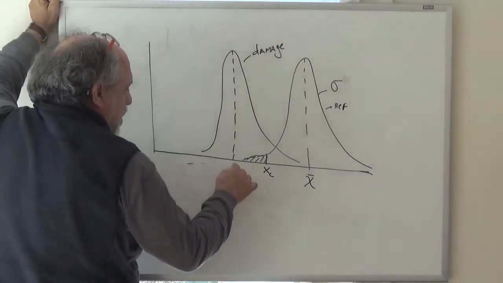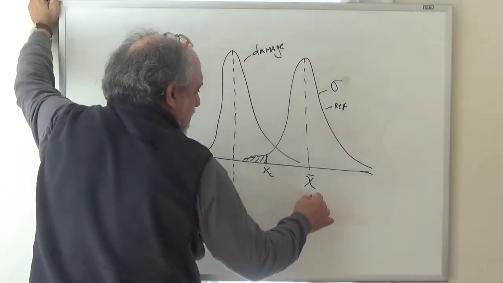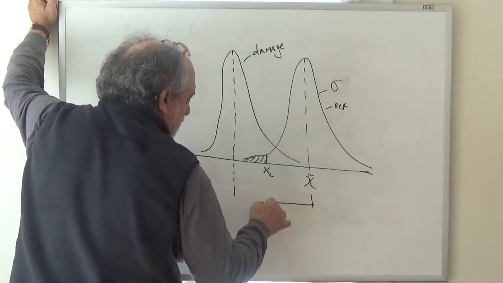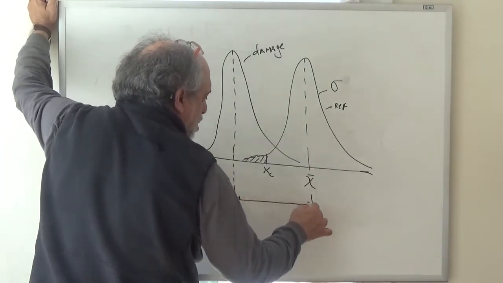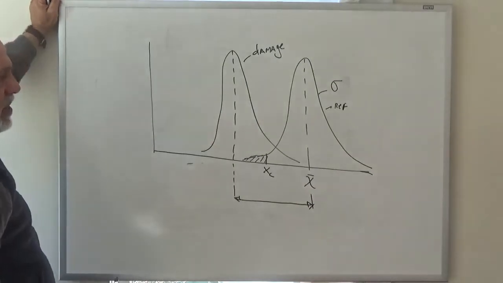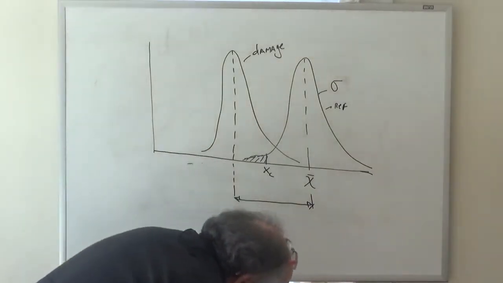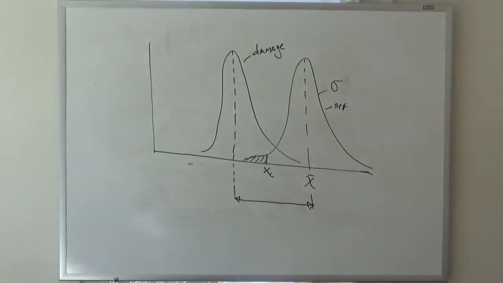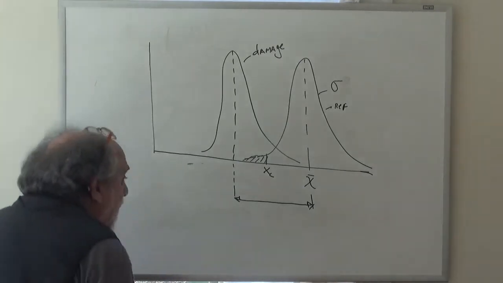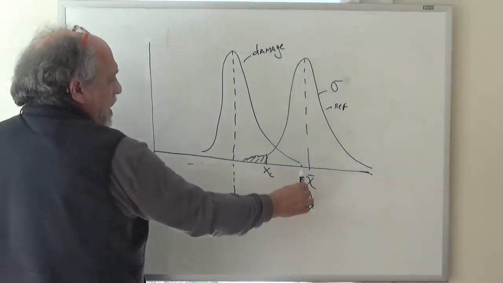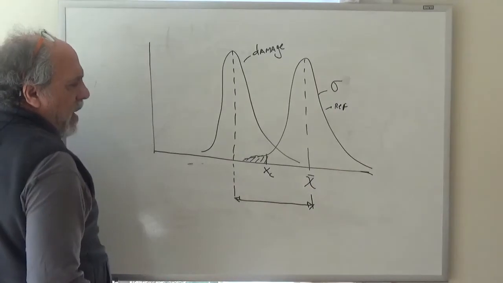The first thing I want to note here is how far did my distribution mean shift due to the damage. Sorry, the distribution shifted its mean from here to here.